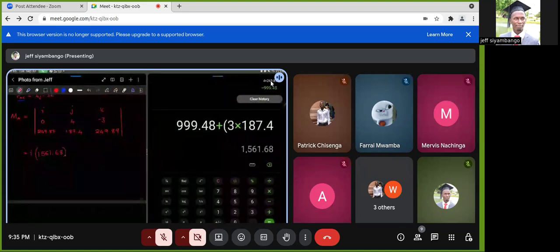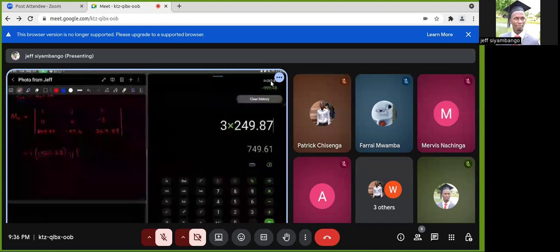When you get j, it's 0 times 249.87, that will be 0. Minus, then there will be a negative coming, so it will be positive, but it will be 3 by 249.87. We get 749.61. Then we get k.